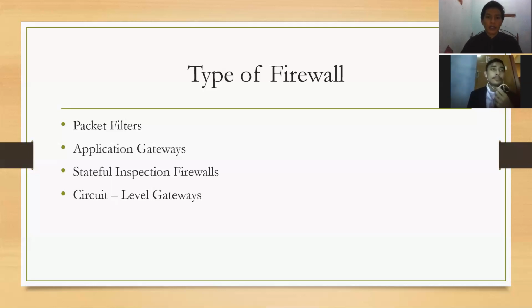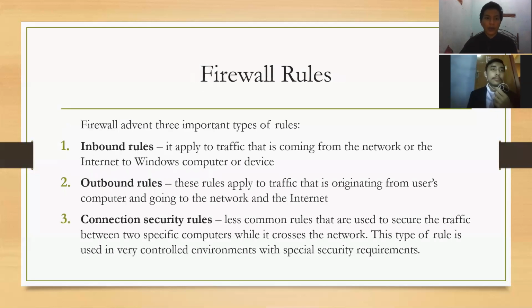Next is firewall rules. Firewall rules have three important types of rules. First, inbound rules are applied to traffic that is coming from the network or the internet to the Windows computer device. Second is outbound rules. These rules apply to traffic that is originating from the user's computer and going to the network and the internet.